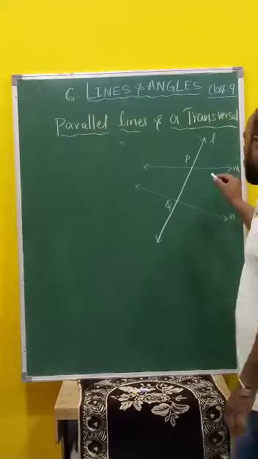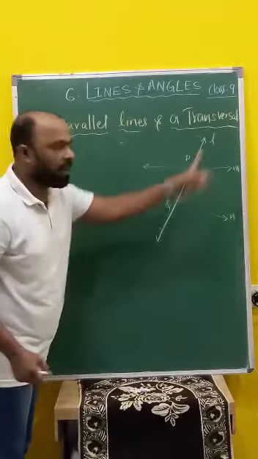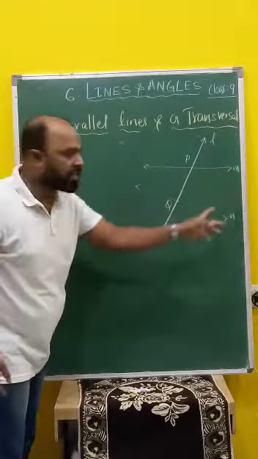Here, according to this, with the transversal and the lines, how many angles are formed in total? Observe here. This is the transversal intersecting at P and Q. Then this transversal forms a total of 8 angles.